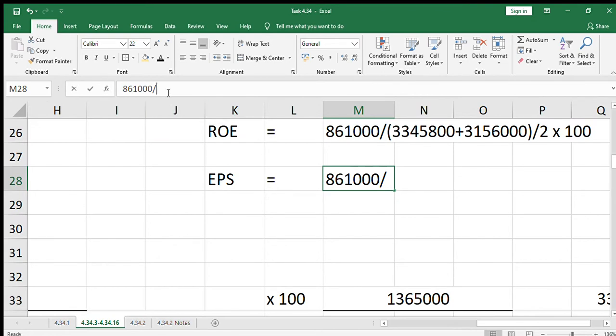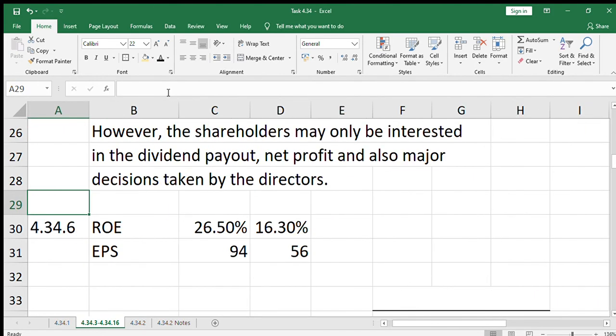You multiply your answer by 100 because you need it in cents, and we round off the answer. So 94 cents.